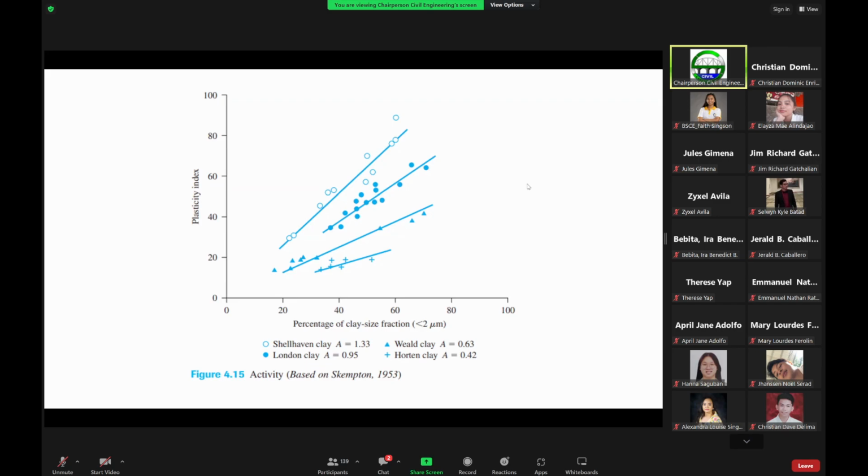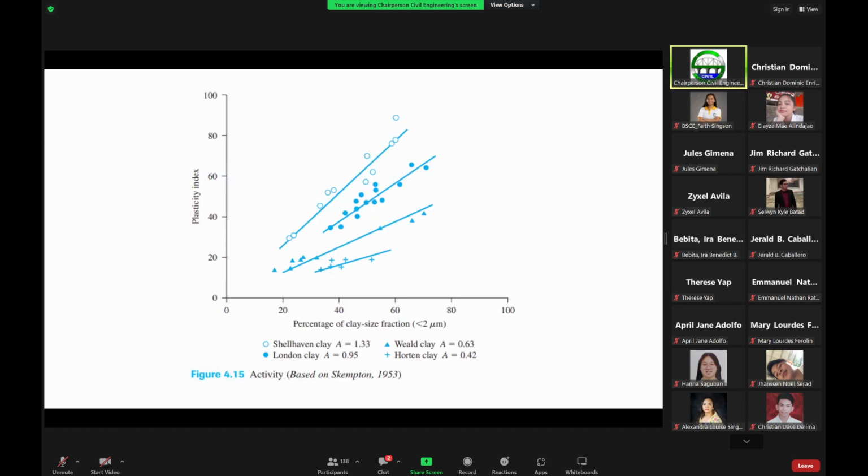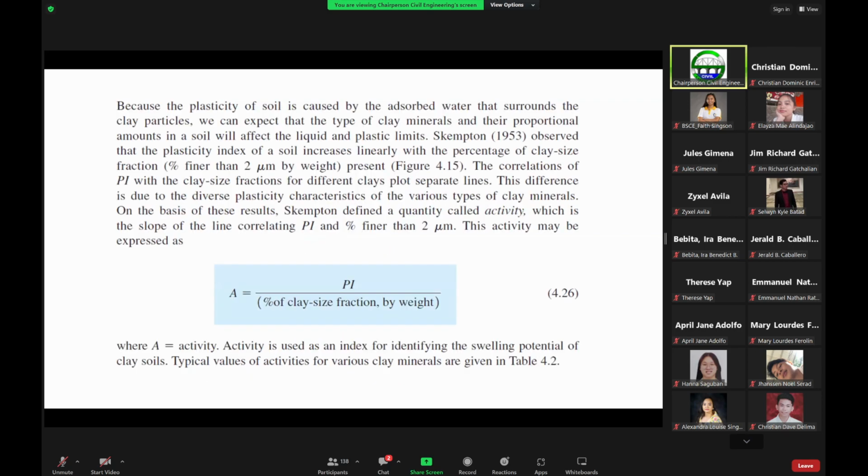So the correlations of the PI, if you're seeing my cursor, the correlations of the PI with the clay size fractions for different clays plot separate lines. If you notice the difference in the lines, this difference is due to diverse plasticity characteristics of the various types of clay minerals present in those clays.